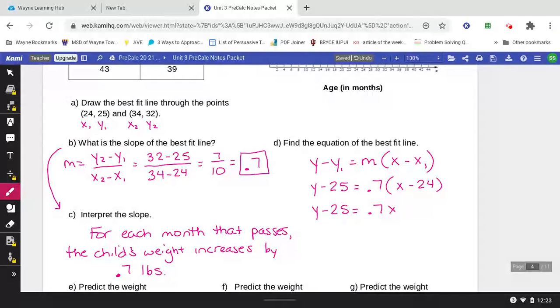I'll get mine. When I typed that into a calculator, 0.7 times 24 got me 16.8. And I'll add 25 to both sides.